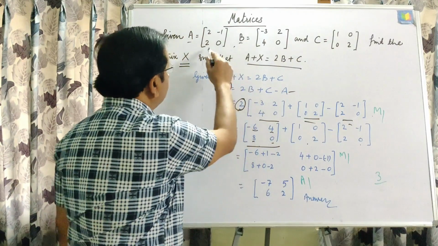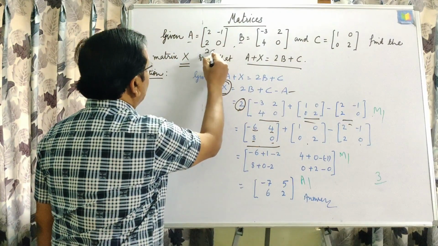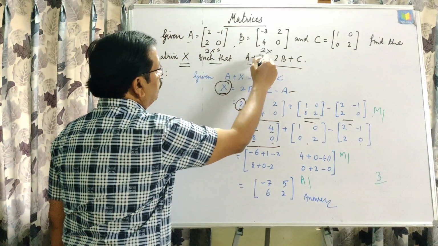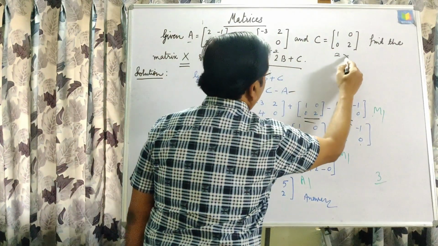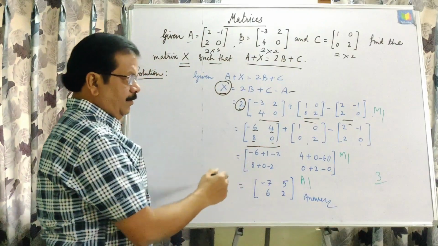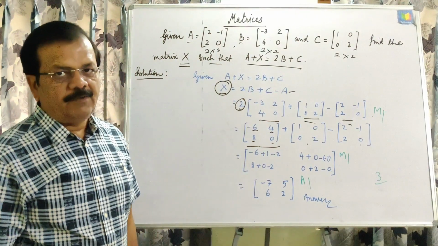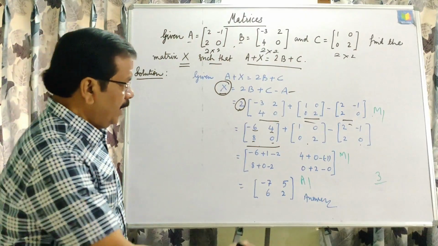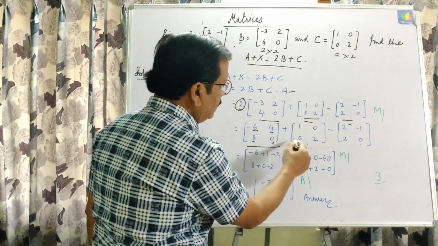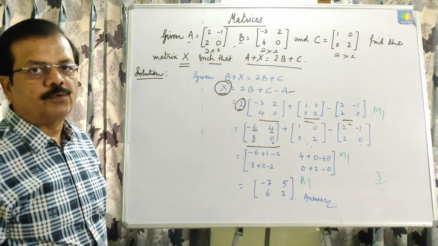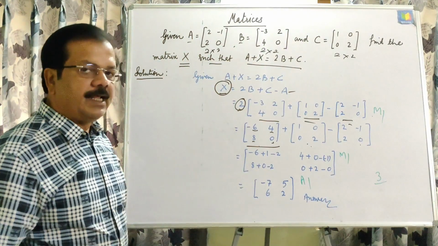The order of this matrix is 2 cross 2: number of rows is 2 and number of columns is 2. Here again 2 cross 2, here again 2 cross 2. We can add or subtract two matrices only when the order is the same. You can see this order, this order, this order, all are the same, 2 cross 2, and that is why we can add.